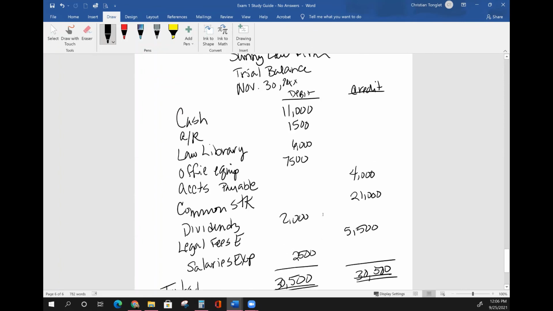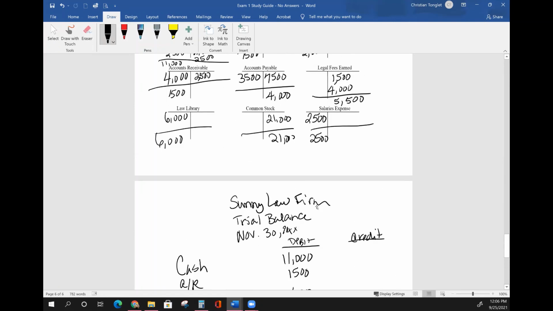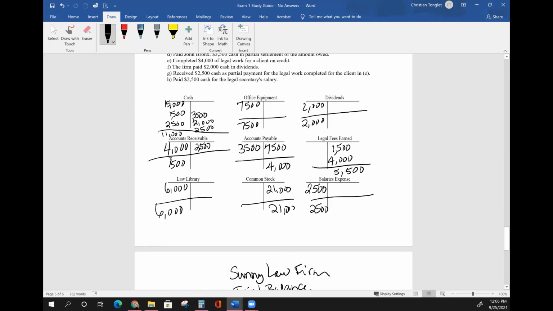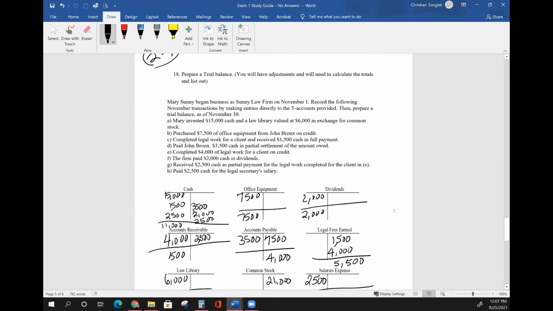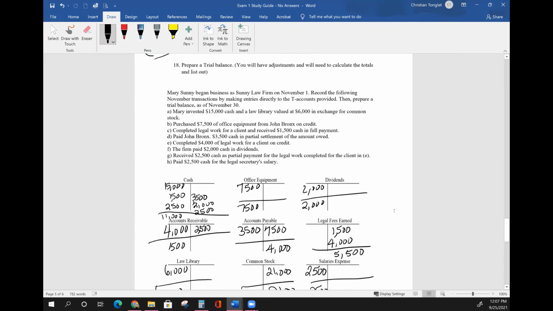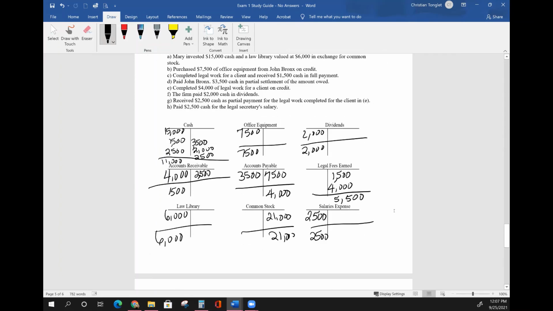So if they don't add up, then something's wrong. You have to look to see, did you use the right amount? Make sure your math is correct. And then if all of that's correct, I would make sure that for each transaction, you have a debit and a credit. So this is a lot of work, but this is a good exercise to practice to know what's going on. So if I ask you to do something similar to this or a piece of this, you'll know how to do it.